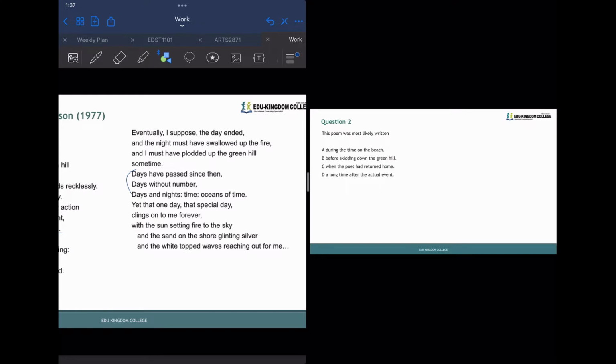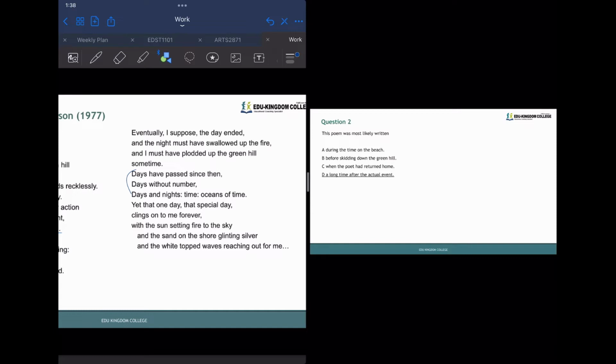So it's very clear that this is a poem that has been written a long time after the actual event, because the narrator starts telling us multiple days or multiple periods of time where life has just gone by and they just still think about this day they had at the beach.